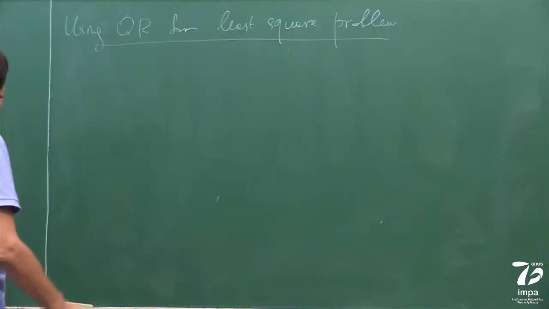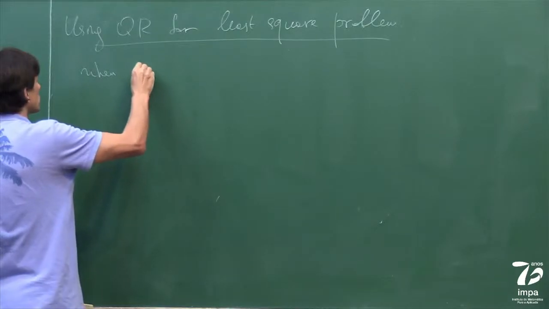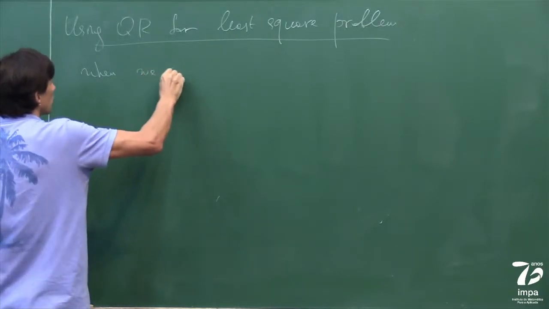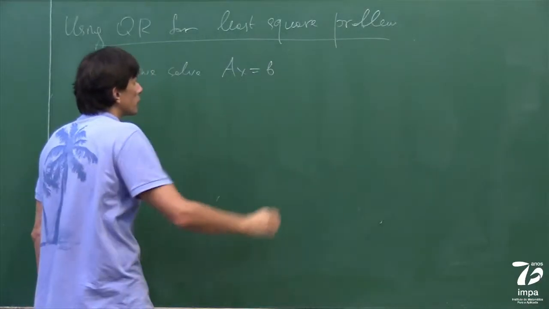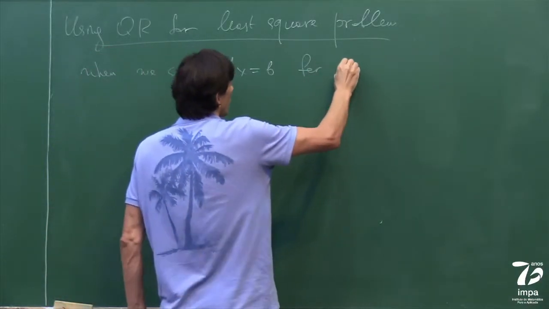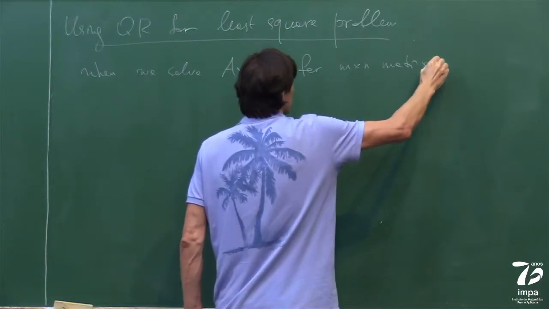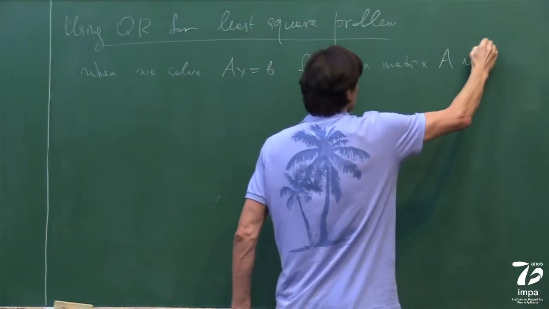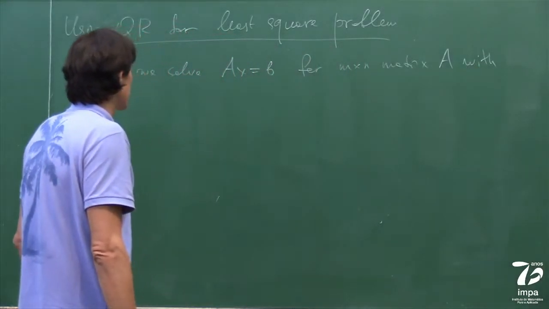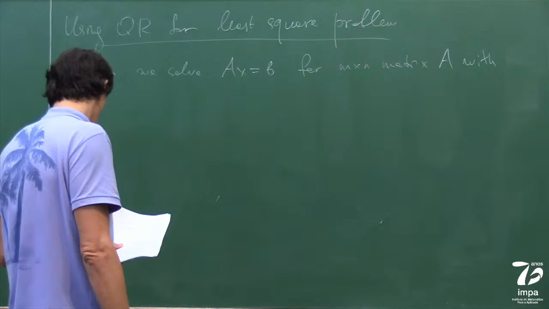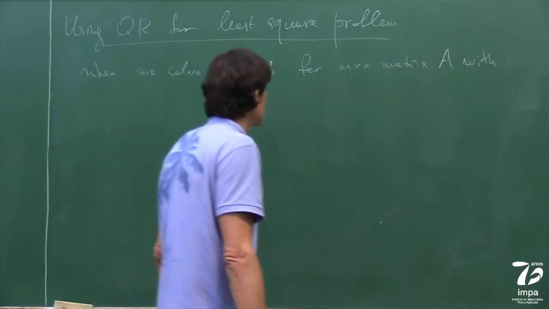But essentially, the idea is when we solve the linear system for an m by n matrix A, which is not quadratic, and m is bigger than n.